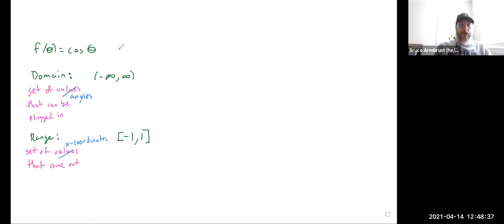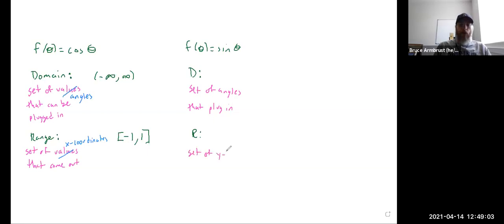All right, so there's cosine. Now let's look at sine real quick, because we can make the same argument here. When we talk about the domain and the range, the domain is going to be the set of angles again that you can plug in, and the range is going to be the set of y coordinates.